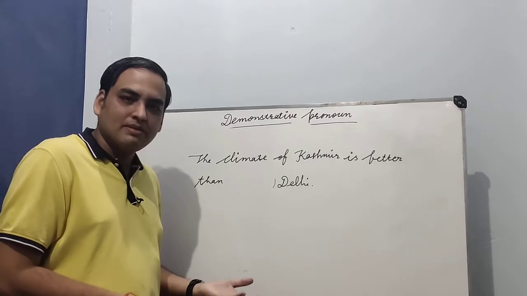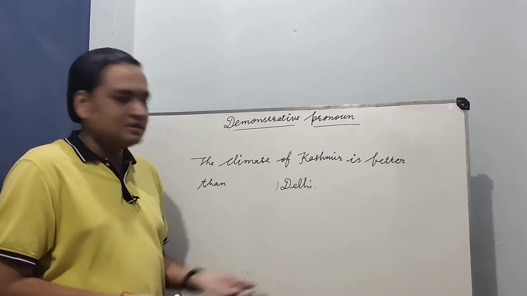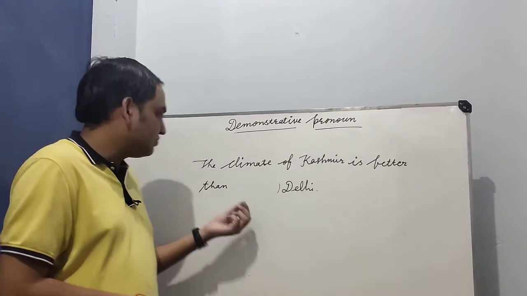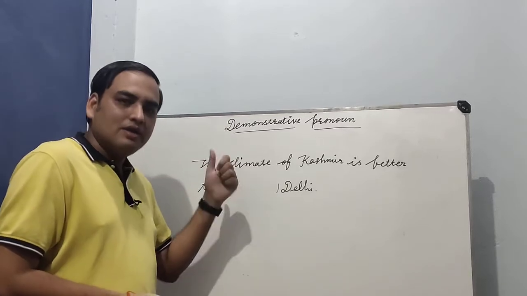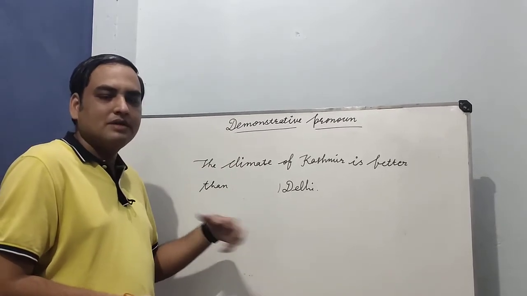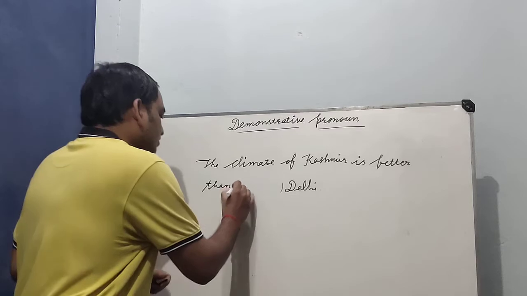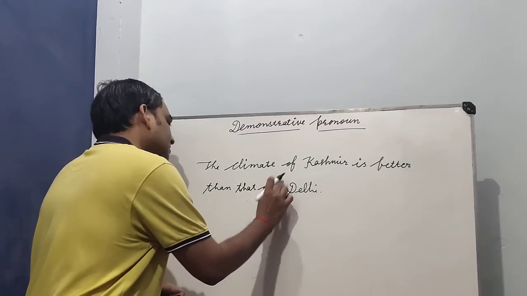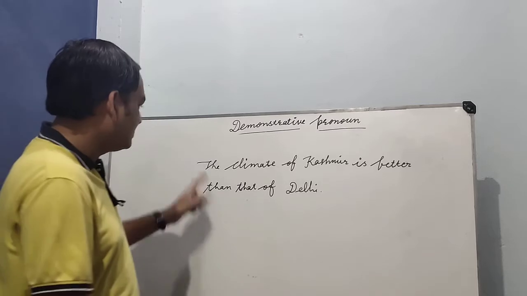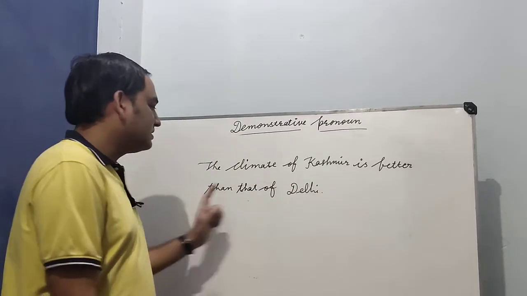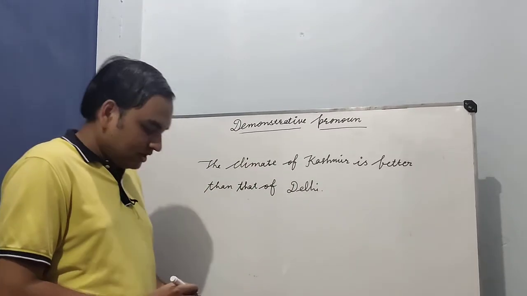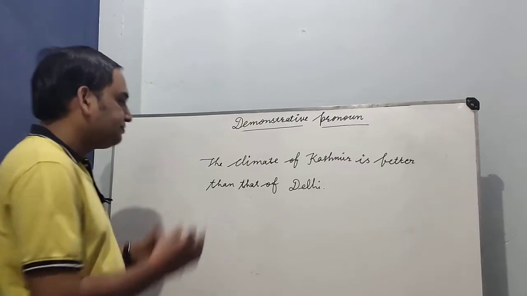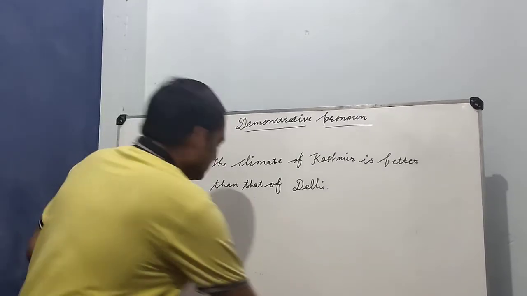We are not comparing climate with climate, so there will be no comparison in such a sentence between the climate of Kashmir and Delhi. If we are comparing things in a meaningful manner, then we have to use a demonstrative pronoun. So this was the use of a demonstrative pronoun in this sentence.